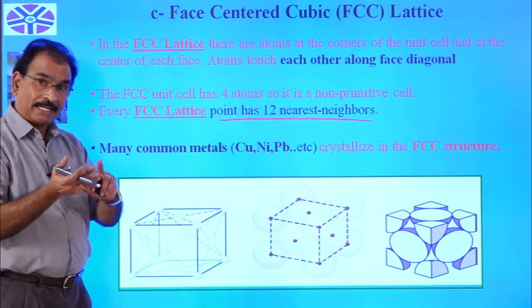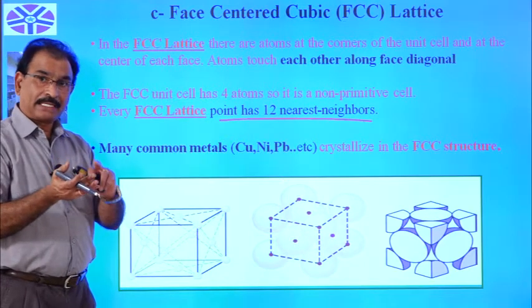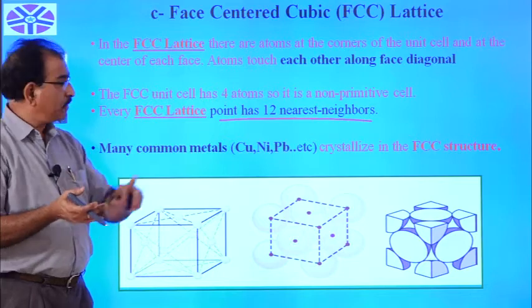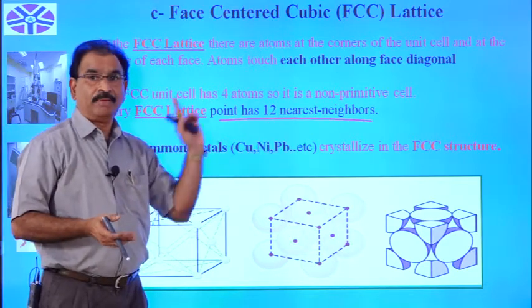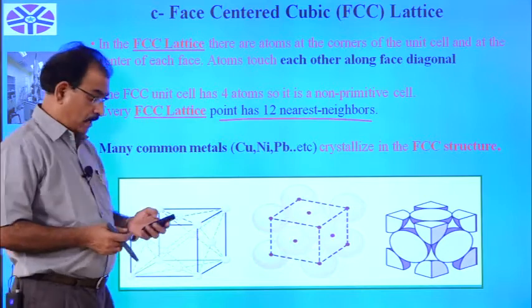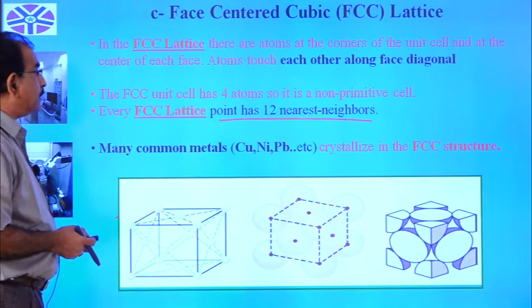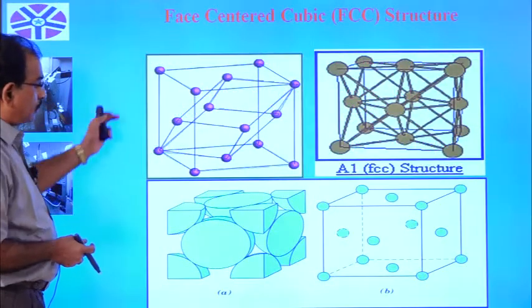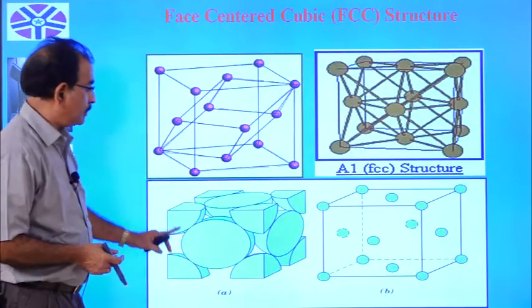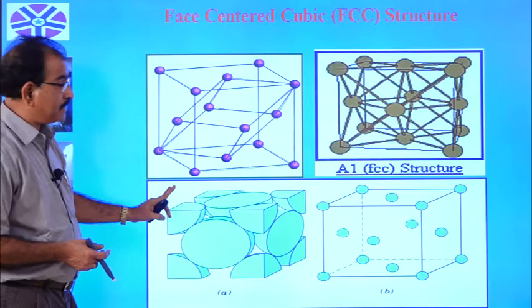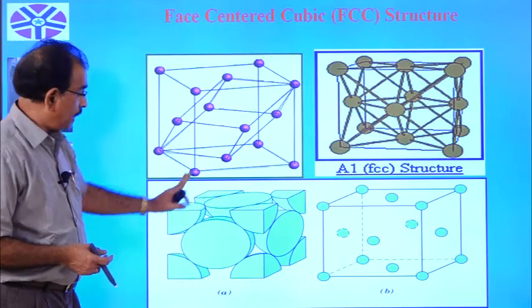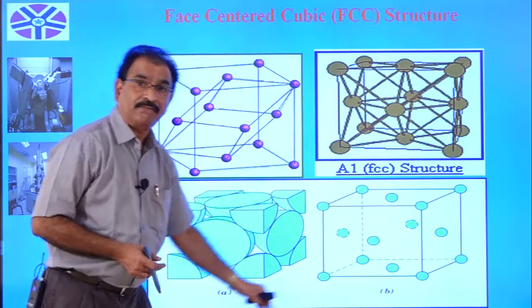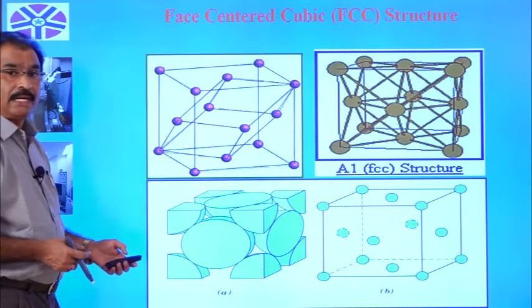So, now we know how atoms are touching each other, what the effective number of points is, and we know the coordination number, right. Now, we will calculate the atomic packing factor. This is another way of representing FCC, and this is how it actually looks. These are the different representations of face center cubic lattices.